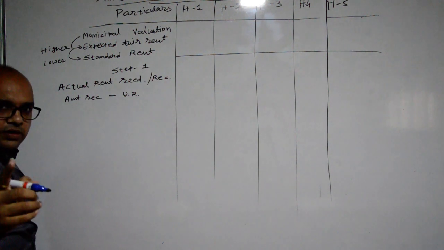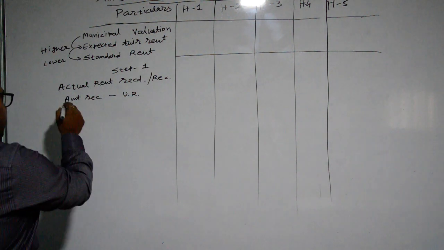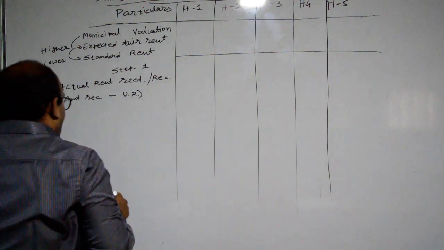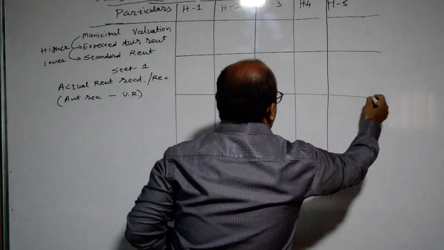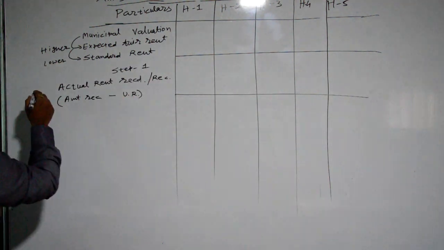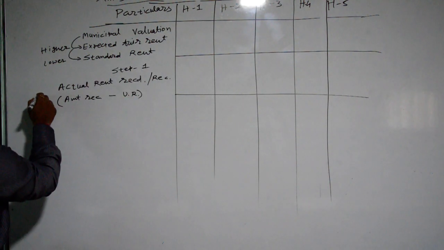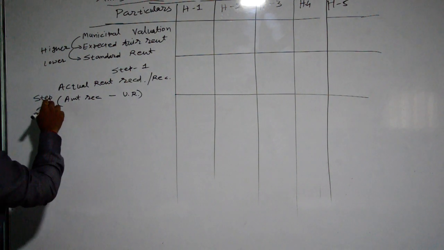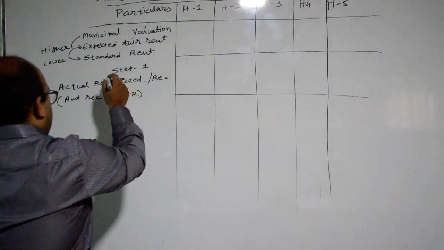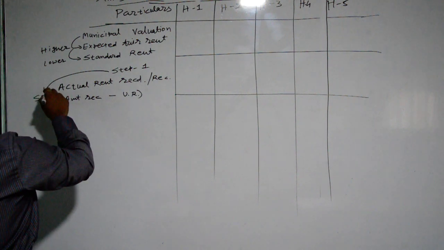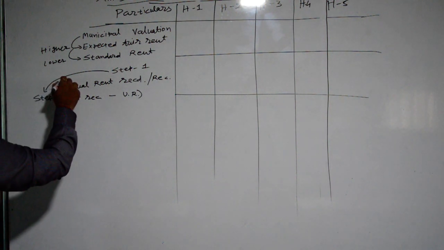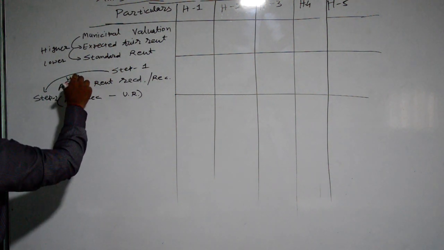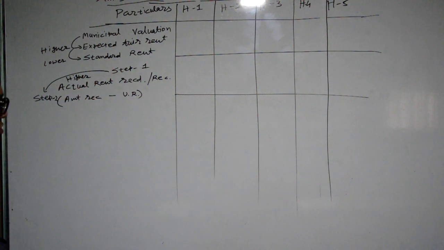Please check that unrealized rent will be deducted here. This is our step number 2. Then step number 1 and step number 2 will be compared, and here we will consider the higher value.